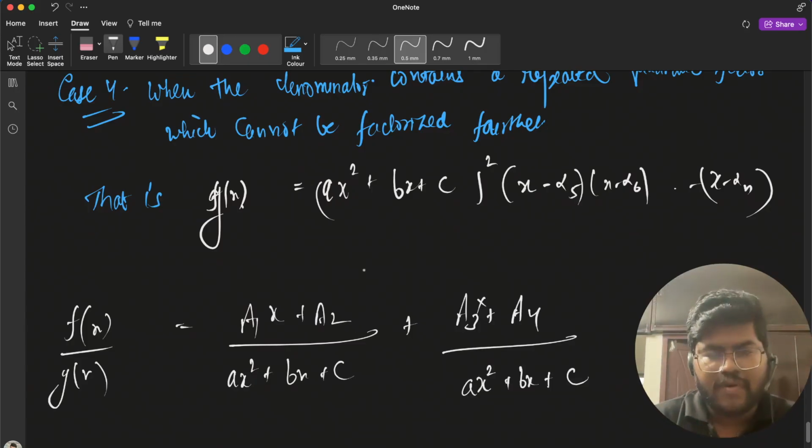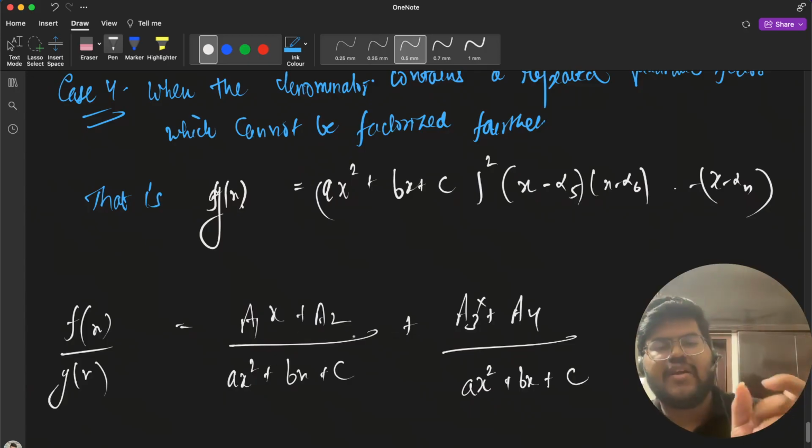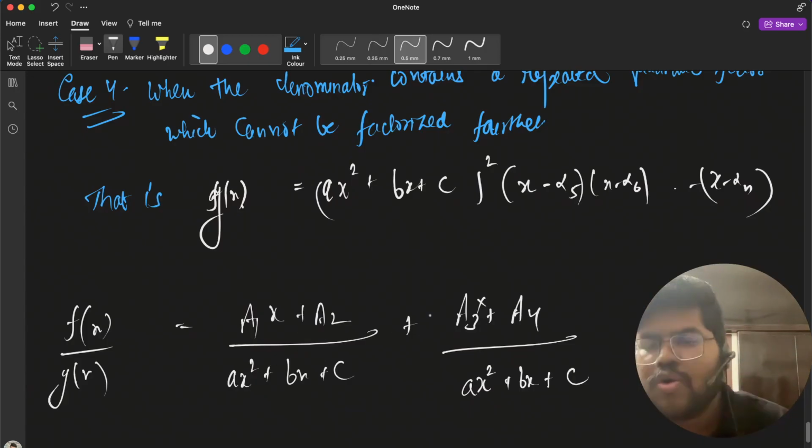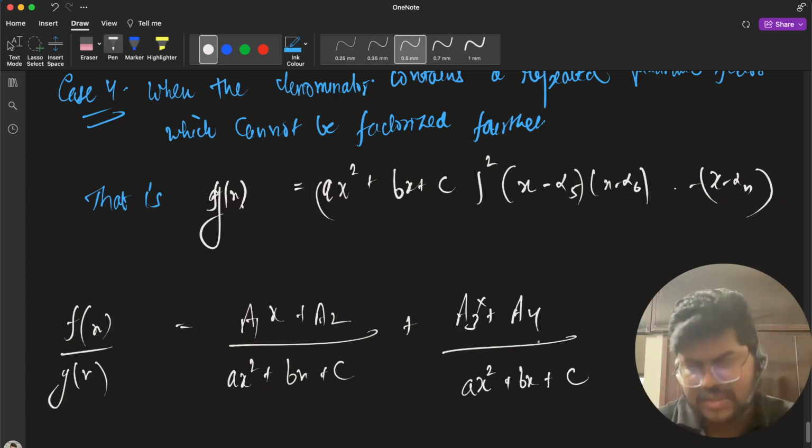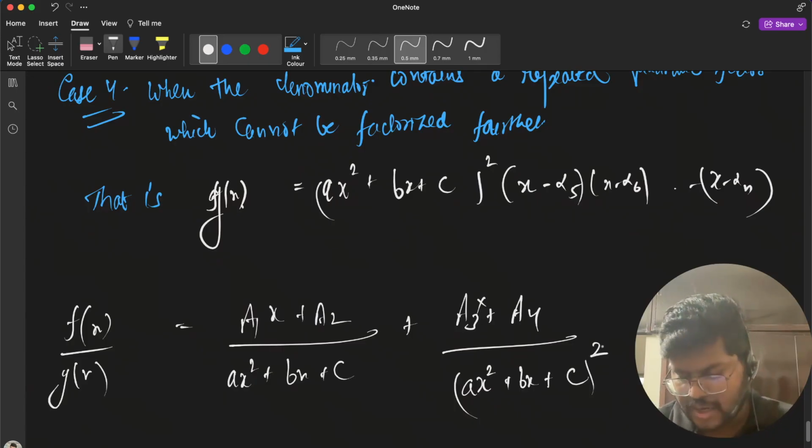If one factor is quadratic, then it is a1x plus a2 divided by the factor, and we have just added another partial fraction, a3x plus a4 divided by the same ax square plus bx plus c, but here we have to make the square, right?